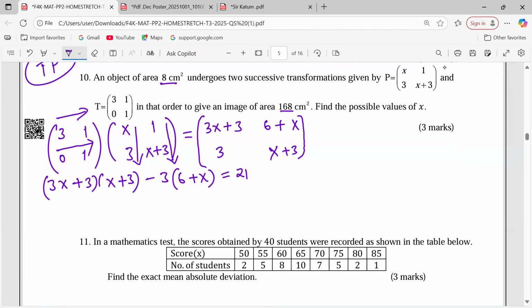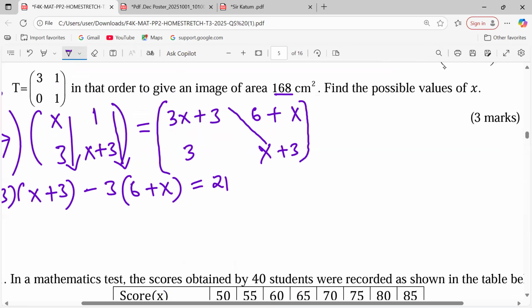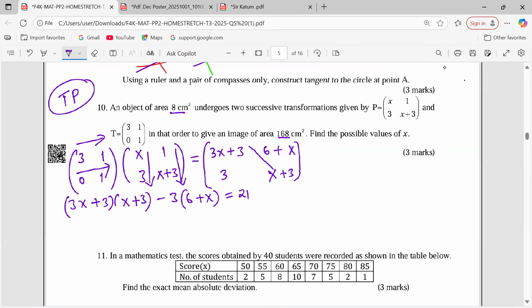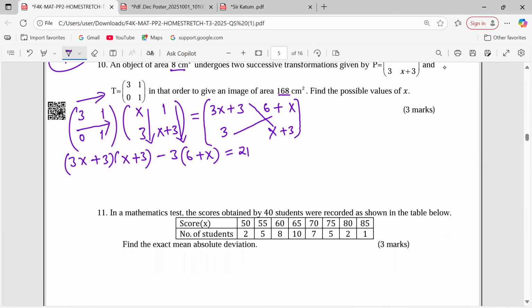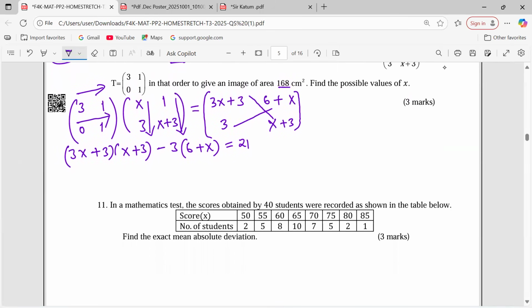So we know that the determinant of a matrix is the product of elements in the main diagonal minus the product of elements in the other diagonal. So that is it. Let's solve now for x. When we multiply these, we shall have 3 multiplying everything in the bracket.